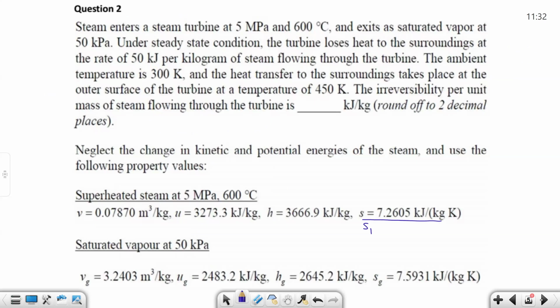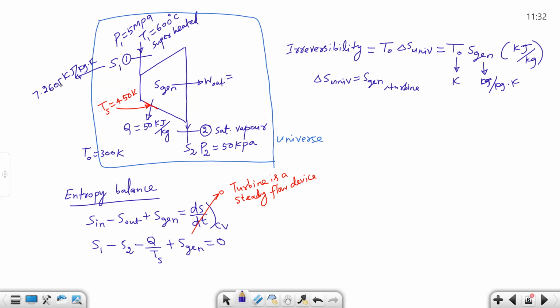Anyway, work output doesn't contribute any entropy transfer. That is why we are not bothered about work output.